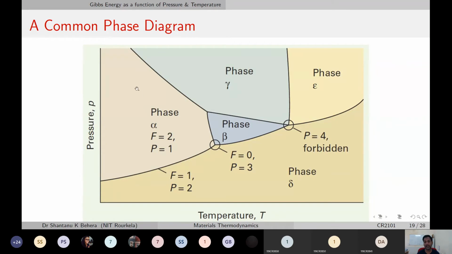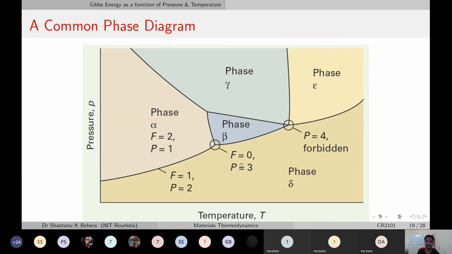When I keep on increasing temperature, I'll still have alpha phase, but when I cross this line, I come to the gamma phase field. So this alpha phase now swiftly converts to a gamma phase. That's called the transition. This can be a solid and this can be a liquid. I'm just naming here alpha and gamma. So this is called the phase transition.